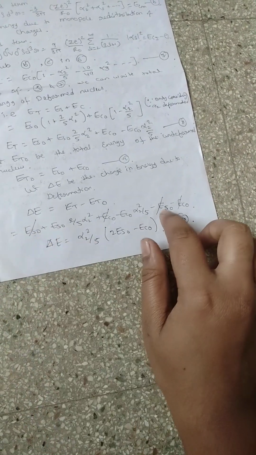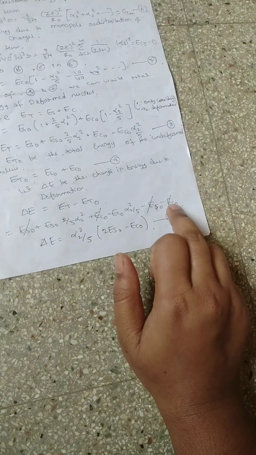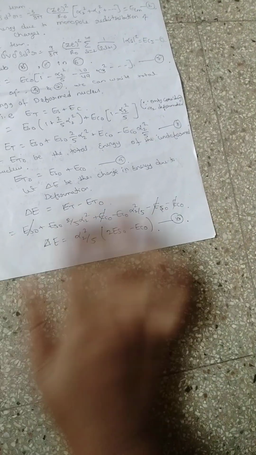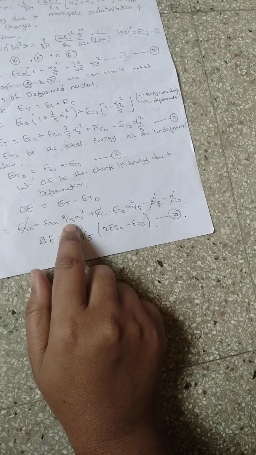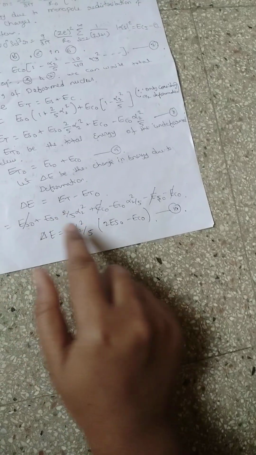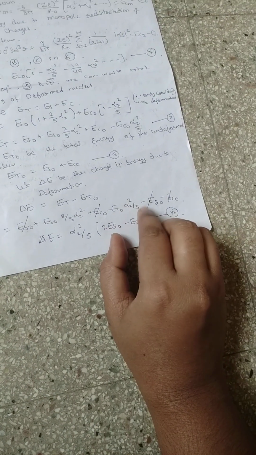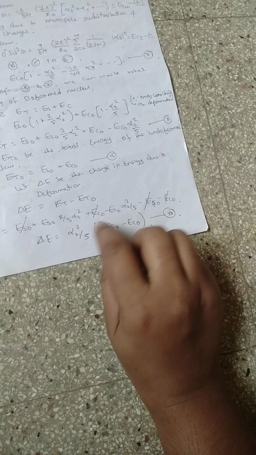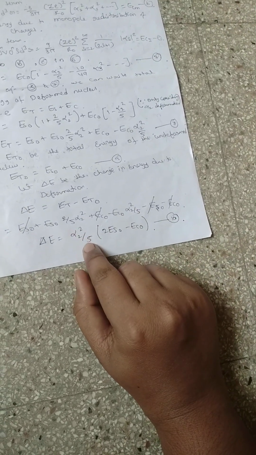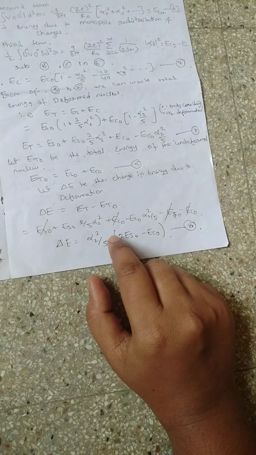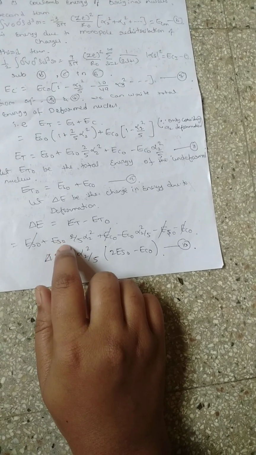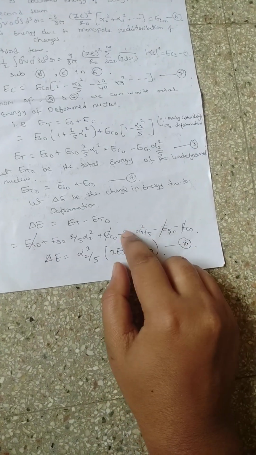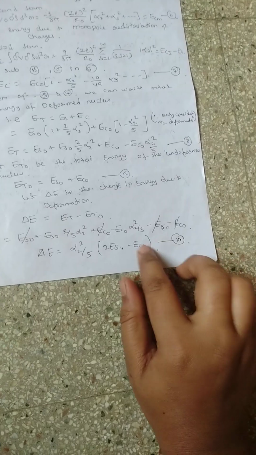E of S naught and E of S naught are opposite, and E of C naught and E of C naught have opposite signs. We have cancelled them. What is left? Delta E is equal to 2 by 5 alpha 2 square E of S naught minus E of C naught alpha 2 square by 5. Here alpha 2 square by 5 is common, so we take alpha 2 square by 5 outside. What is left is 2 into E of S naught minus E of C naught. Let's consider this as equation number 10.